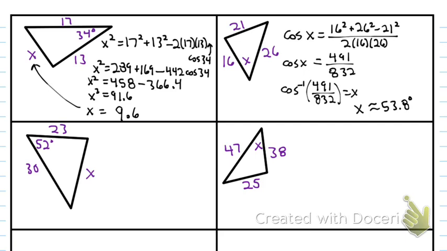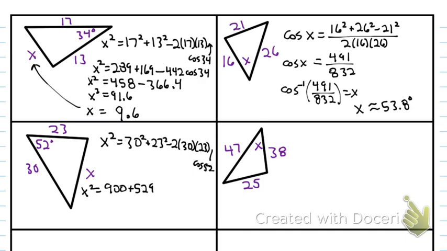The next problem is going to be like the one just above it. We're going to go x squared equals 30 squared plus 23 squared minus 2 times 30 times 23 cosine 52. Ran out of space again. So x squared equals 900, that's 30 squared, and 529, minus 23 times 30 times 2, which is 1,380, cosine 52.